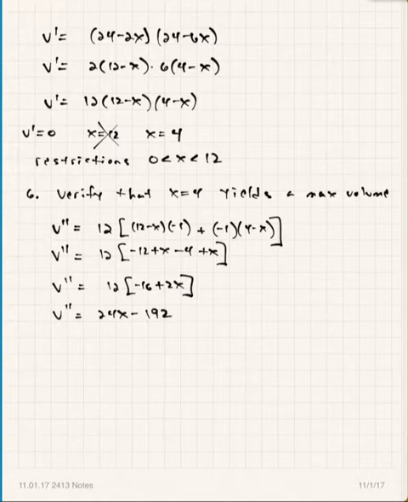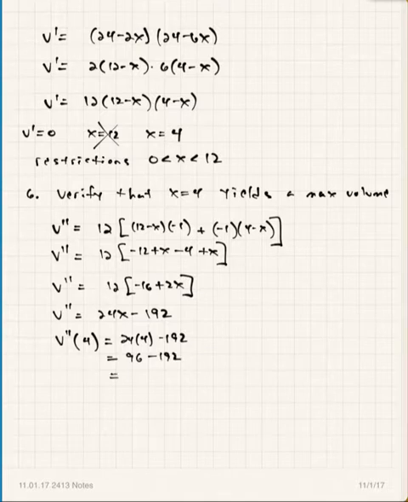All right, and so then what do we do? We evaluate our second derivative at the critical number we got in the previous step where the derivative was 0. So we're looking at the second derivative evaluated at 4, and we get 24 times 4 minus 192, or 96 minus 192, or negative 96, which is less than 0. So what do we have here?